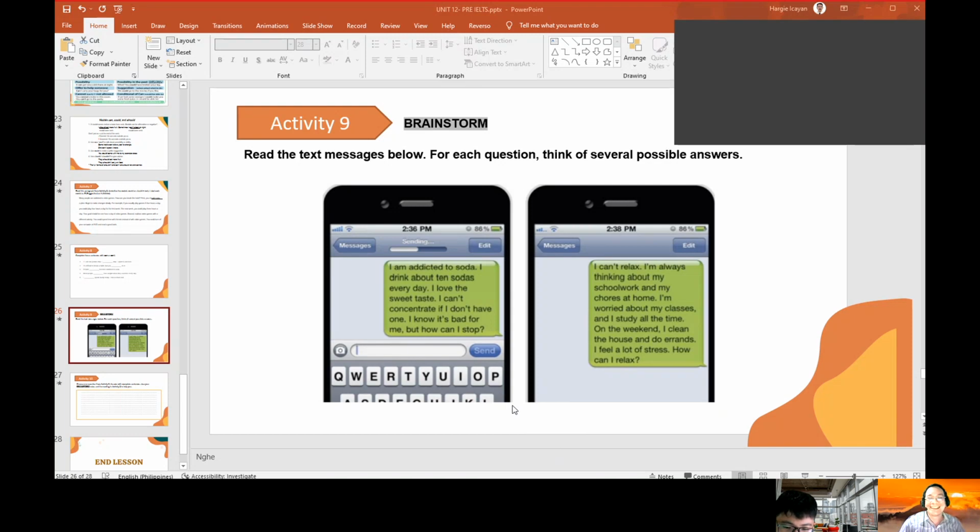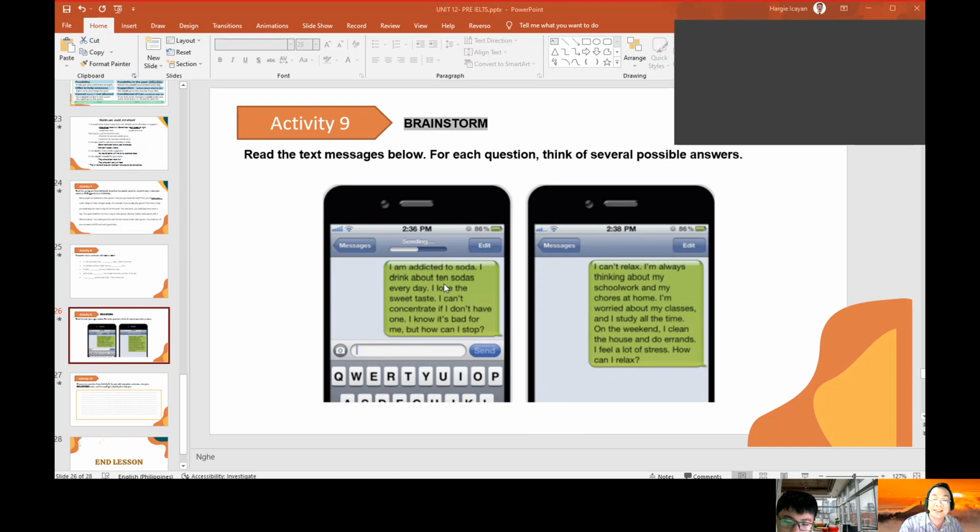This is hard. This is a very controversial issue, right? Because he is addicted to that, and imagine 10 sodas every day. Maybe he's not drinking water anymore, because we should intake at least 8 glasses of water a day. But this one is more than 8.